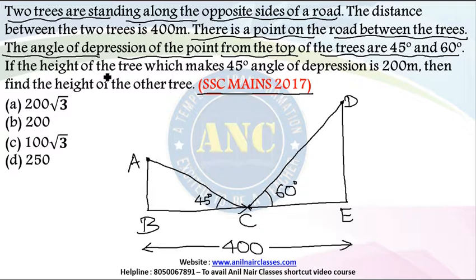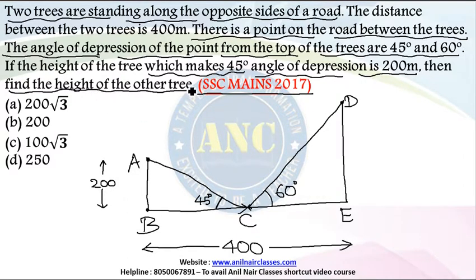Next, the height of the tree which makes 45 degrees angle of depression is 200 meters. The question says this height AB is 200 meters. Then find the height of the other tree. The other tree's height is what we are interested in finding.